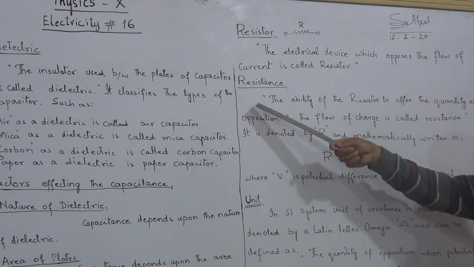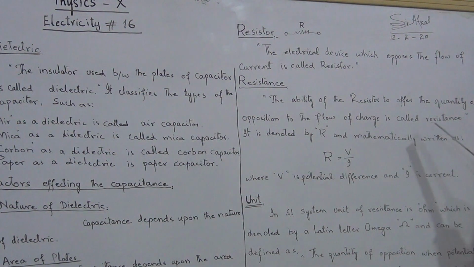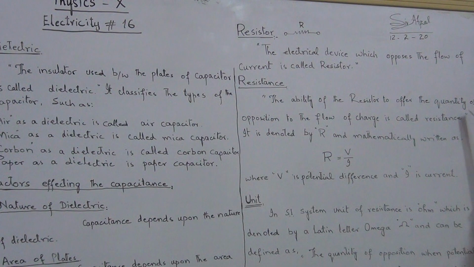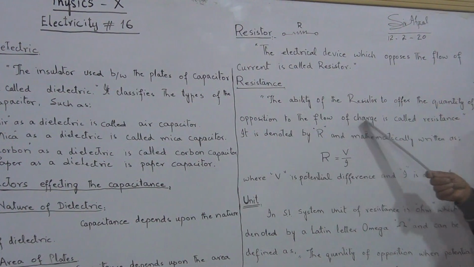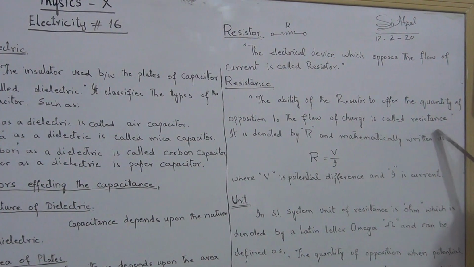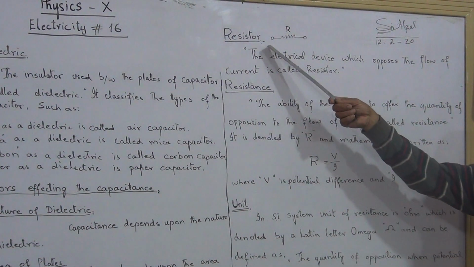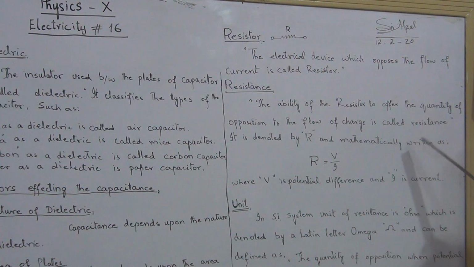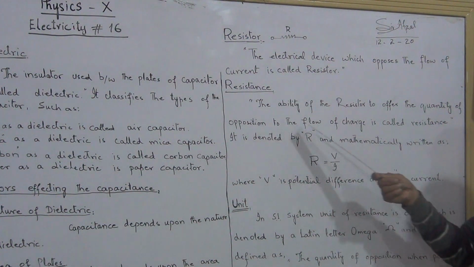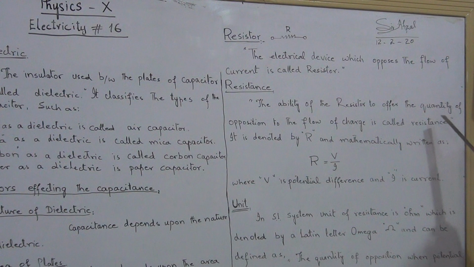Now, what is resistance? The ability of the resistor to offer a quantity of opposition to the flow of charge is called resistance. Resistance is the property of a resistor, that is, how much opposition it offers to the flow of current.